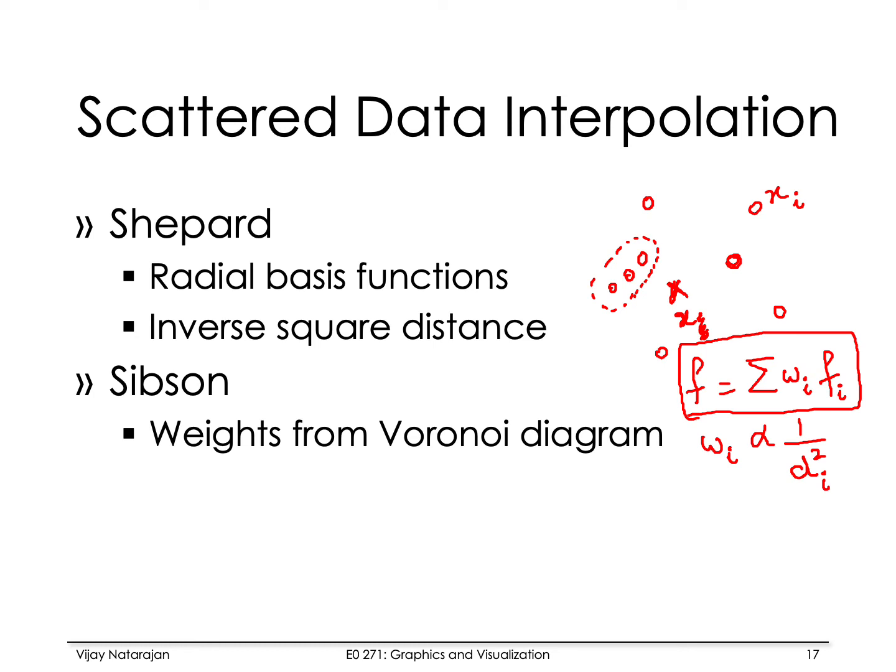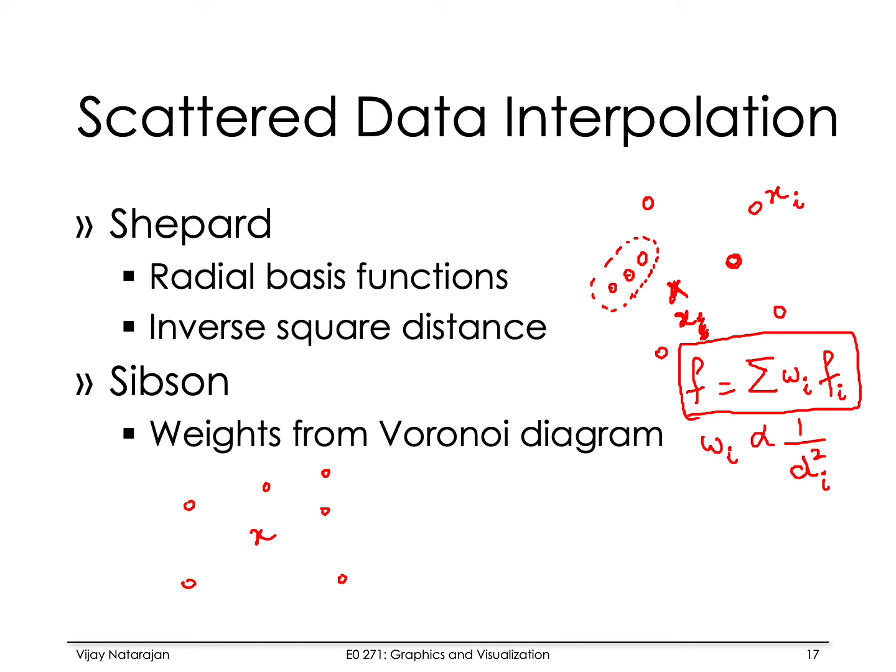To avoid this, the Sibson interpolant says that you take the point X and you compute the Voronoi diagram of the set of all sample points together with the point X. I did not talk about Voronoi diagrams in this class. I ask you to look this up because I won't be talking about it in great detail. So the Voronoi diagram, I'll just give you a quick definition here.